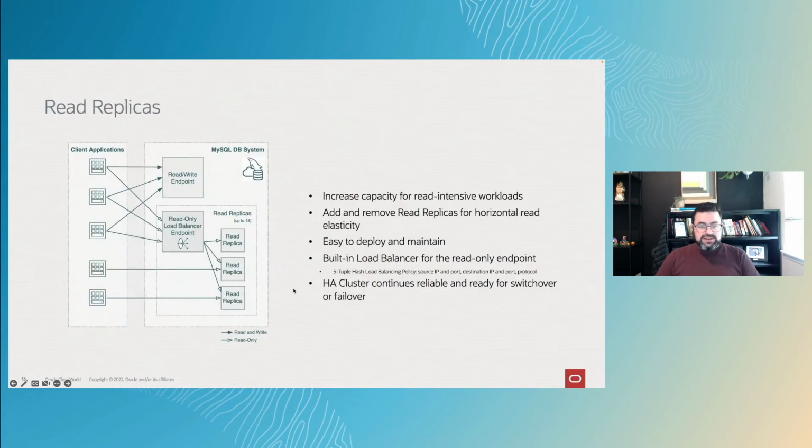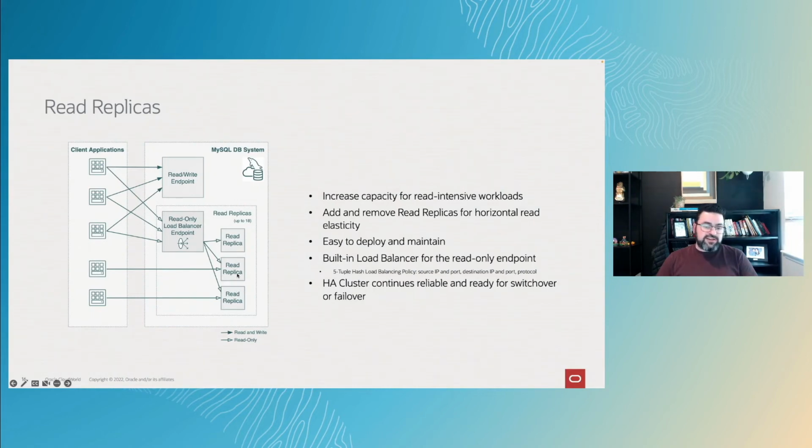For read replicas, we also have a read-write endpoint for the HA part of the system, but we can have a read-only load balancer here in front of the replicas. So this is all built in the service. You connect directly to the load balancer, and this will send your selects, your read operations, to the replicas.